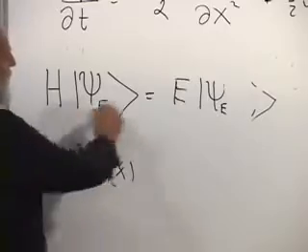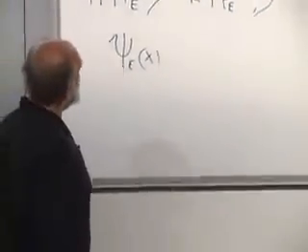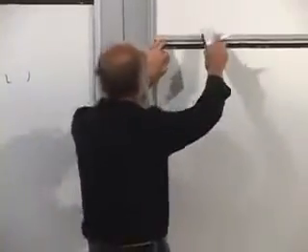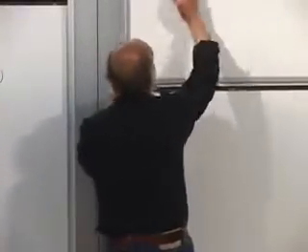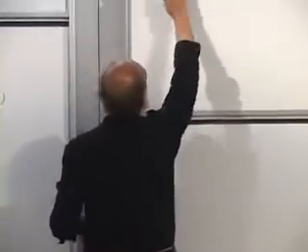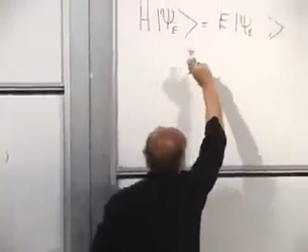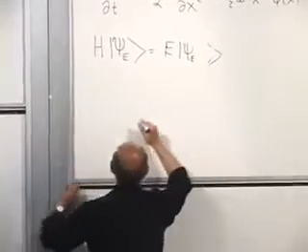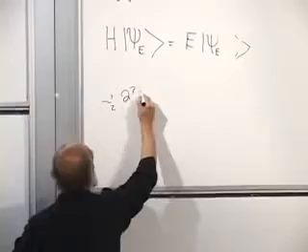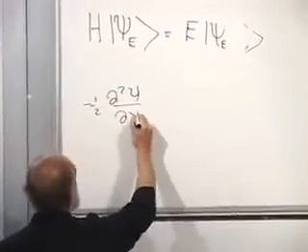Okay, but let's write this equation now in terms of psi of x, not as an abstract equation, but as an actual equation for psi. All right, what is H? H is the right-hand side of the Schrodinger equation up there: minus 1/2 d second psi by dx squared.